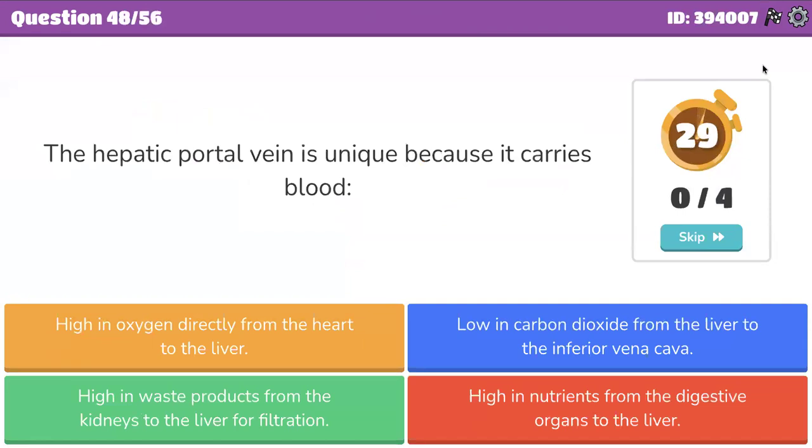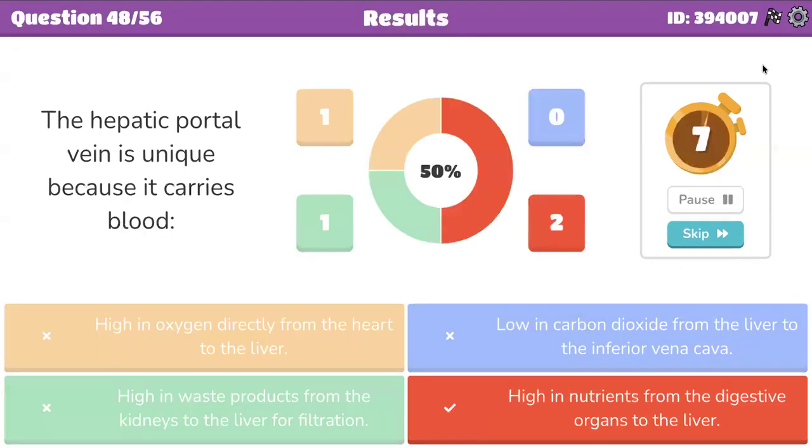The hepatic portal vein is unique because it carries blood high in nutrients from the digestive organs to the liver.